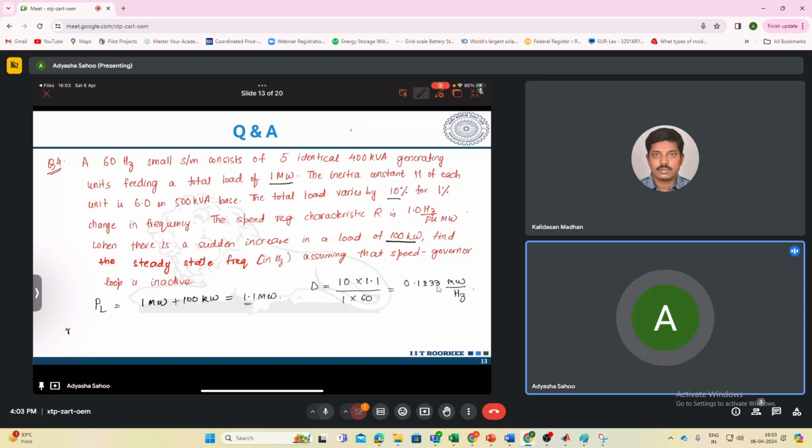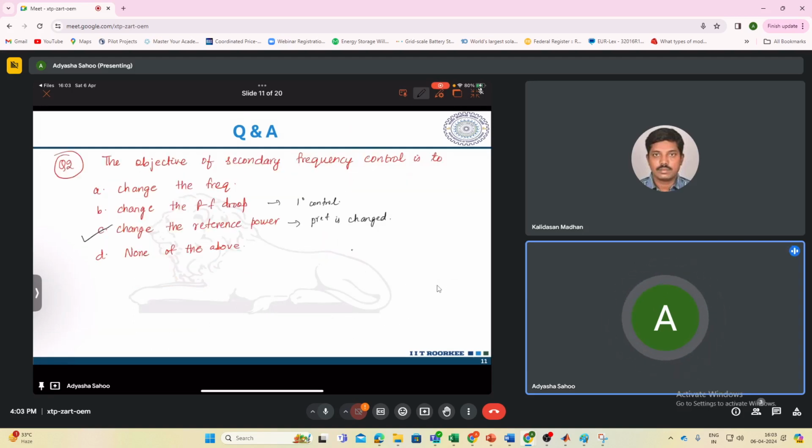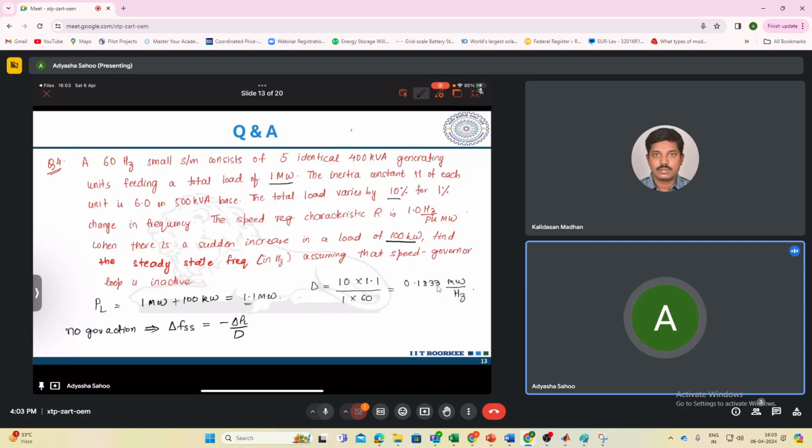Now no governor action is there. So that means we had seen whenever there is no governor action, delta Fs was minus PL by D, or it was Kp if you remember. We had derived this. So Kp is 1 by D. So this is your steady state frequency deviation.